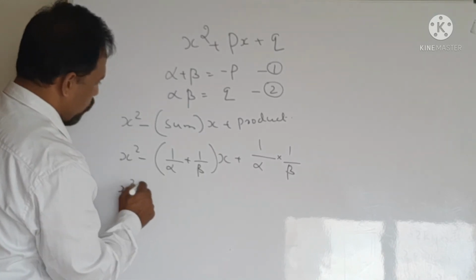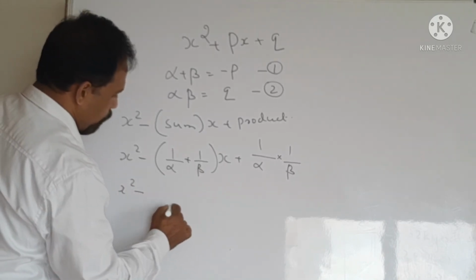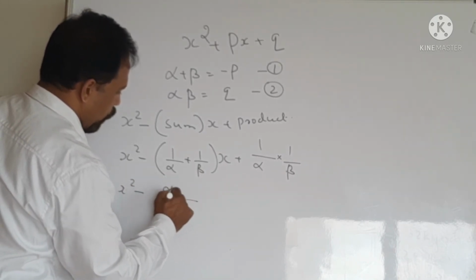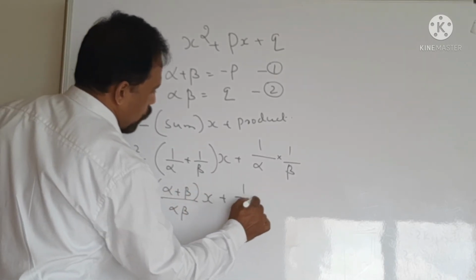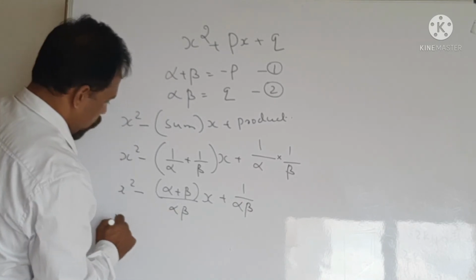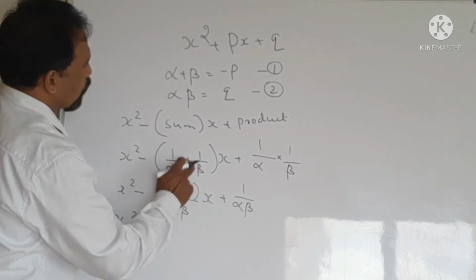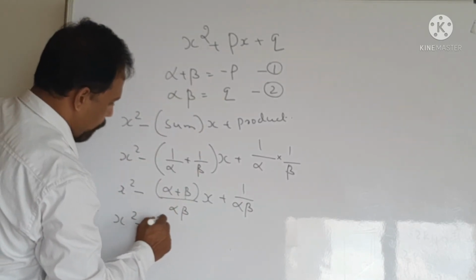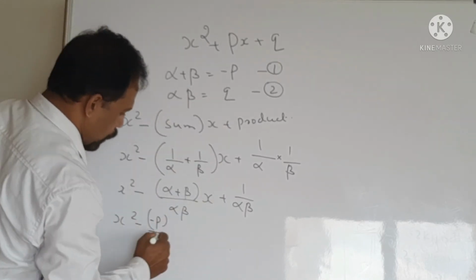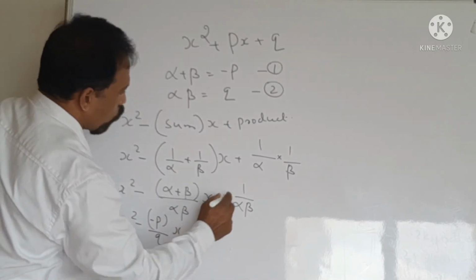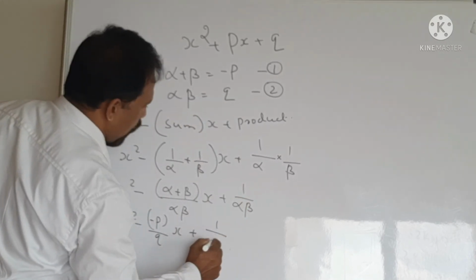So it is x squared minus, we can take the LCM alpha into beta, in the numerator we will get alpha plus beta, into x plus 1 upon alpha into beta. Now x squared minus, what is alpha plus beta is minus p, and what is alpha into beta is q, into x plus 1 by q.